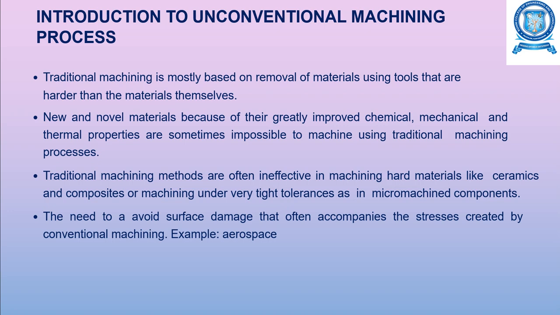So in that case, you have to go for unconventional machining processes. Traditional machining methods are often ineffective in machining hard materials like ceramics and composites, or machining under very tight tolerances as in micro machine components. So in that case, unconventional machining process is preferred. And there is the need to avoid surface damage that often accompanies the stresses created by conventional machining processes. Example, aerospace.